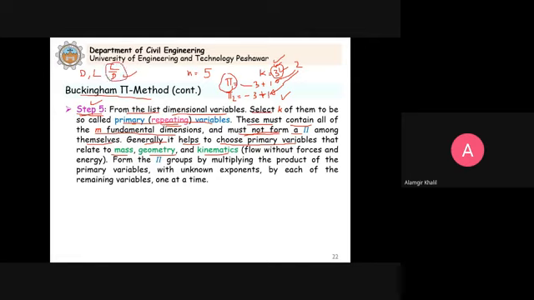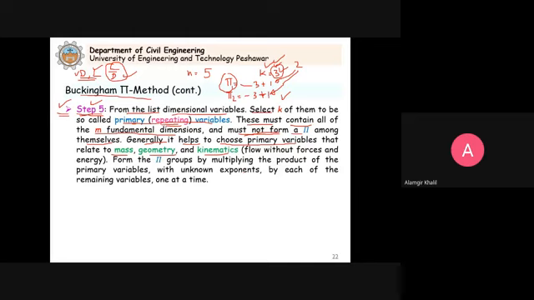So you should select only one from this. Either select D or select L. When we solve the problem, you will further understand. And also, the selection of these 3 is not unique. It is not that we always have to take these parameters as repeating variables. It will depend on the nature of the problem. So that's why this step number 5 is the most difficult and tricky part of the method.